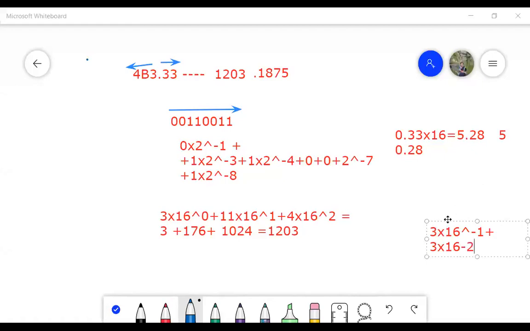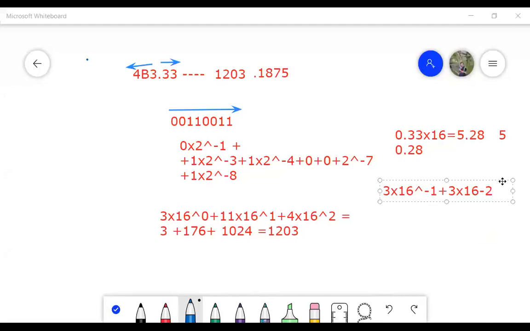So this is how we are going to solve the decimal part. It is not in the previous way which I was telling, because we are using this particular method.